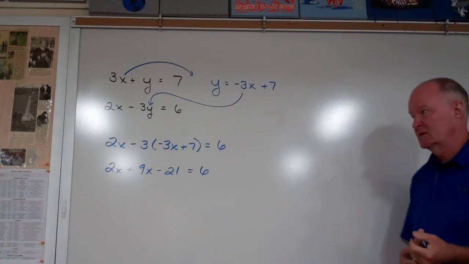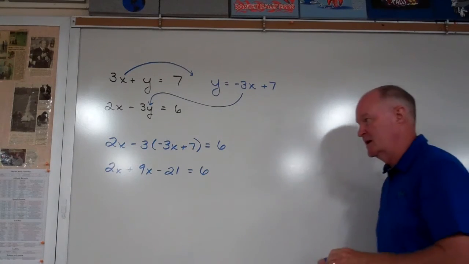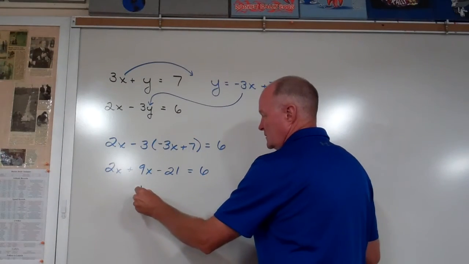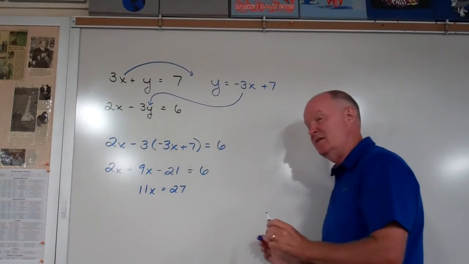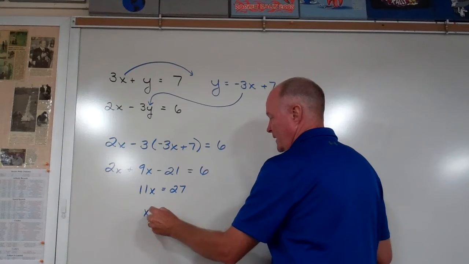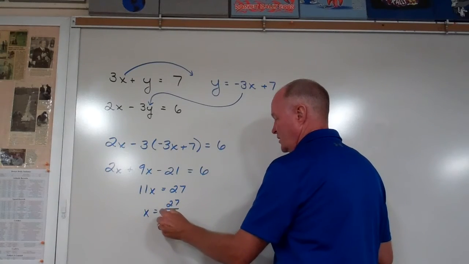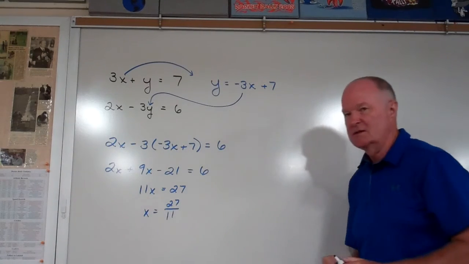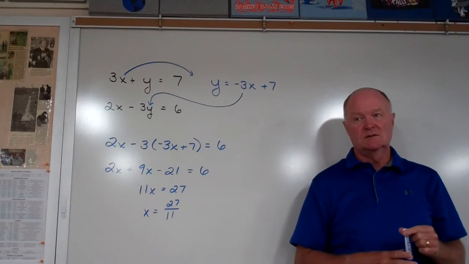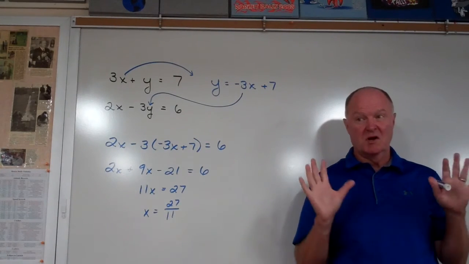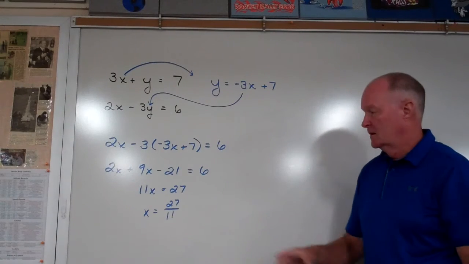From here on out, it's letters to the left, numbers to the right. So 11x is 27, and x equals 27 over 11. You're going to see some bad answers from my examples, just so that when you run into one, you might have some comfort in all of that.